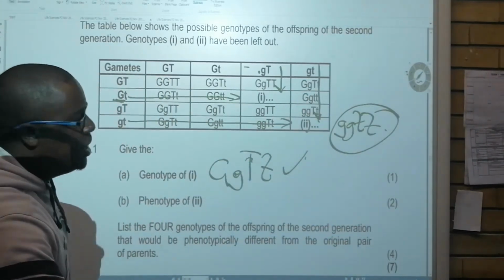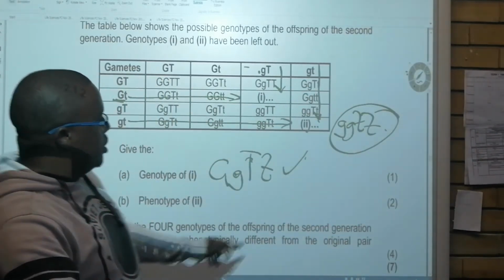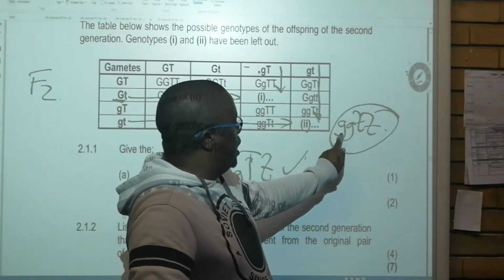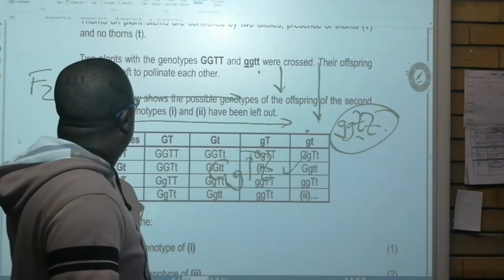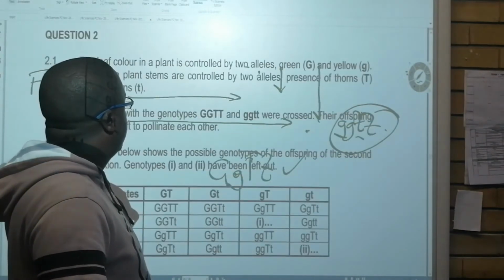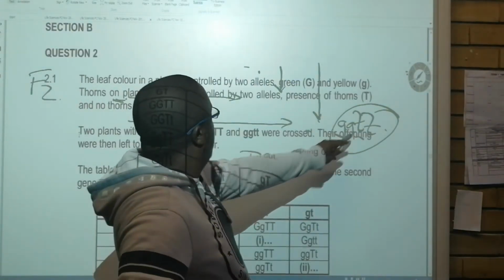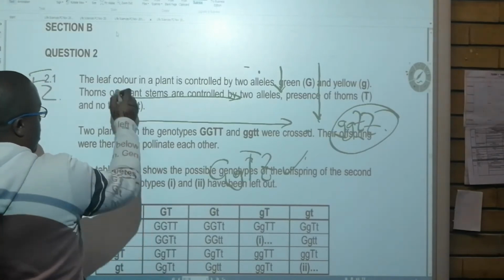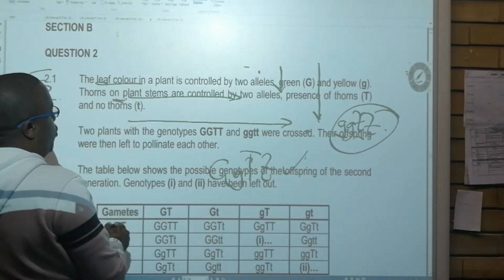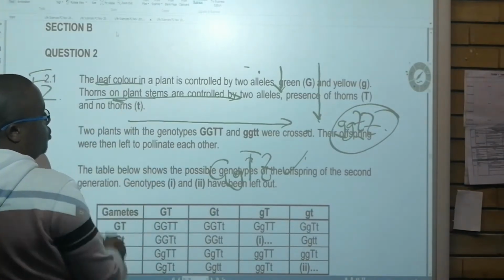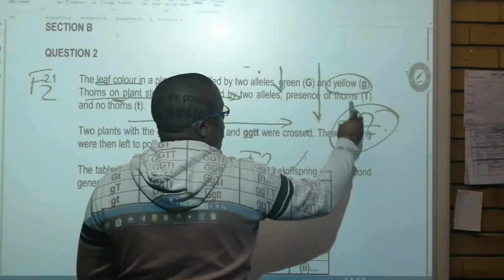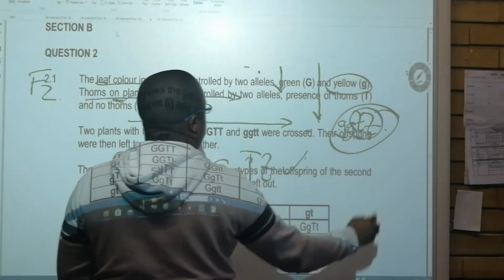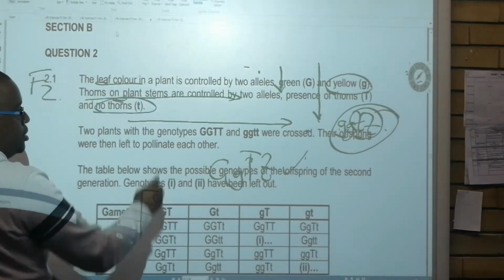So we need to know what that is. Can you see how they are homozygous recessive for leaf color and homozygous recessive for thorns on plant stems? So if this is like this, it gives us yellow. And this gives us no thorns.